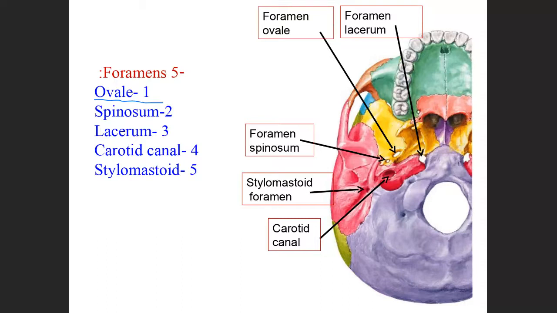Then the foramen lacerum, and then the carotid canal. Why is it called the carotid canal? Because the carotid artery passes through this foramen. And then the styloid foramen, behind the styloid process.